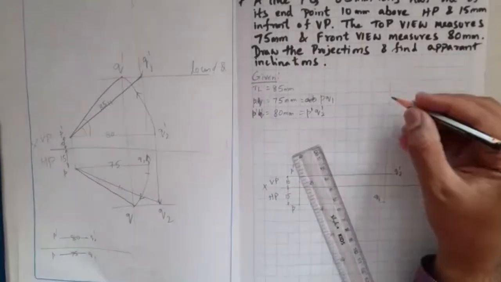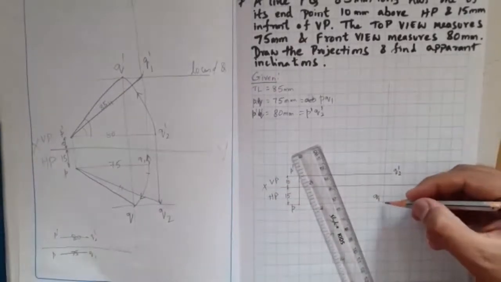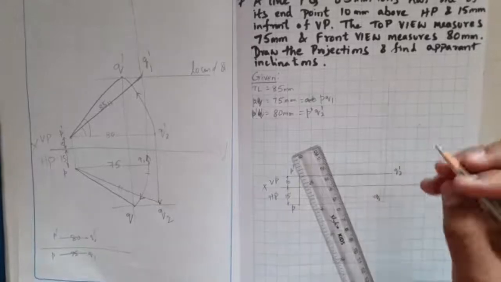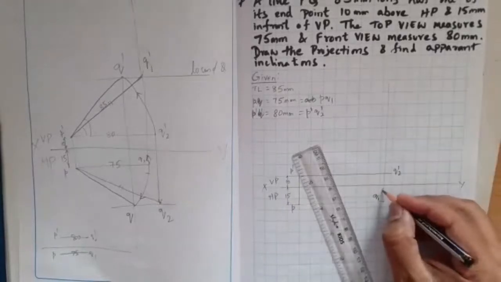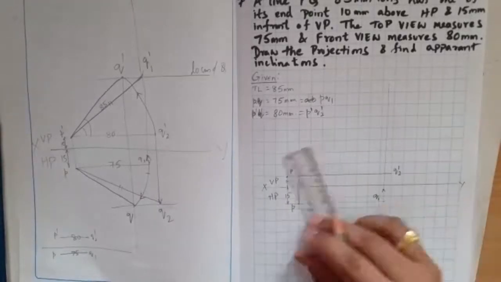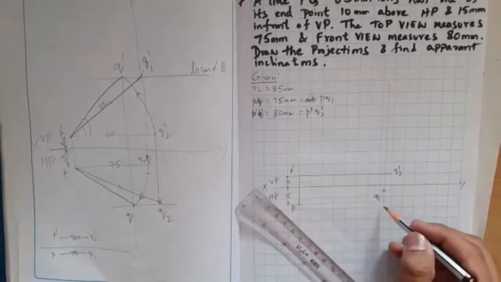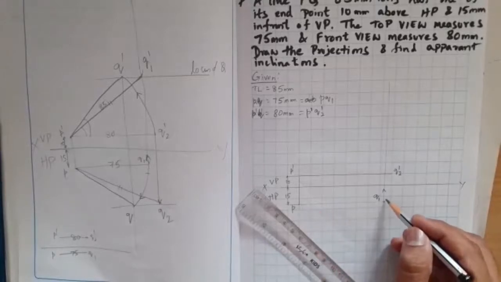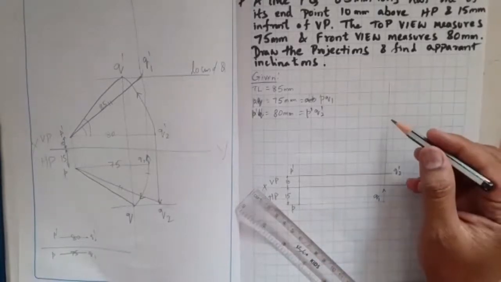I'm going to extend this projector towards the vertical plane, so I'll draw an arrow mark here.